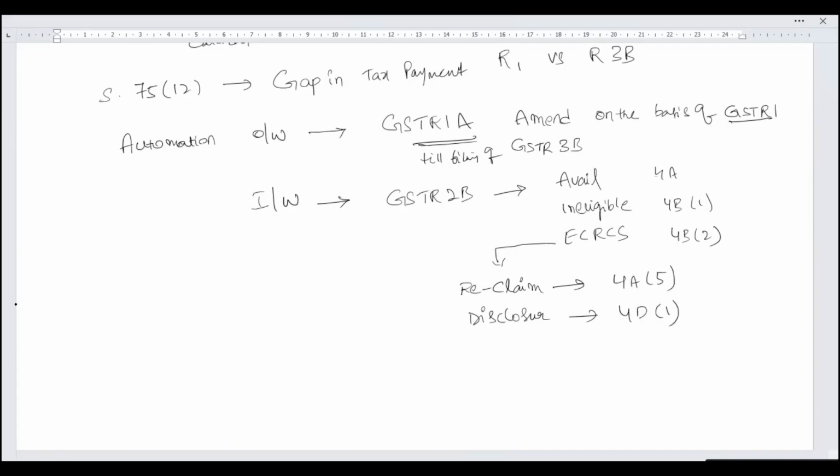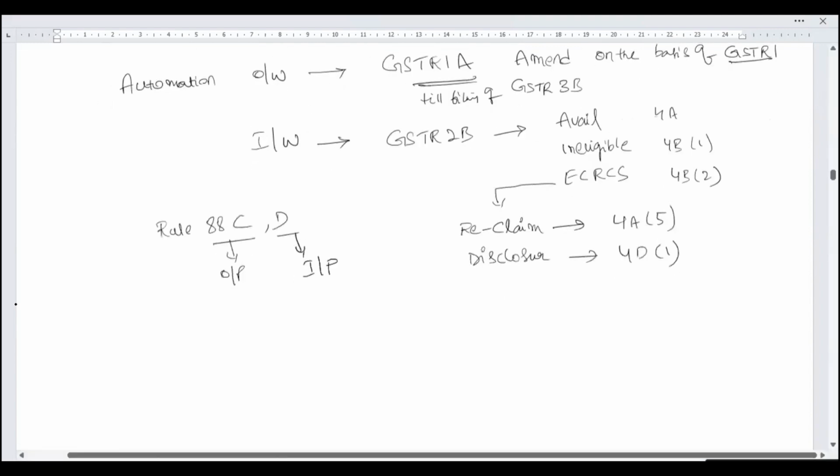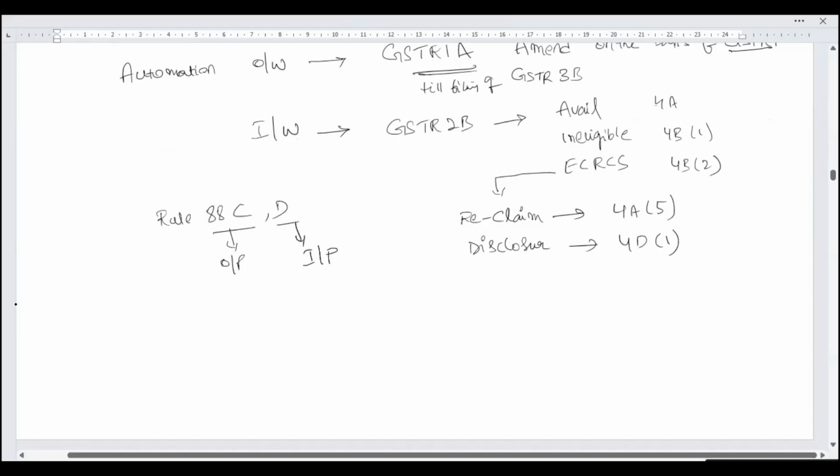Finally, automated notices under rule 88C, 88D. 88C is on account of output. 88D is on account of input. In case of 88C, if I don't pay, if I don't give a reply, recovery under 79 will come automatically.